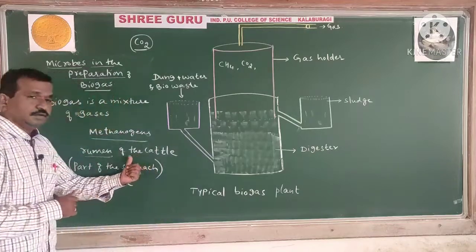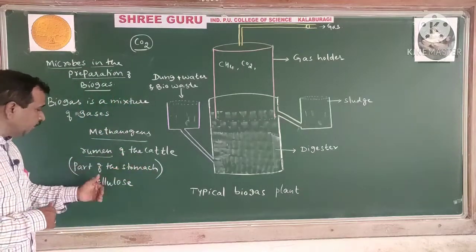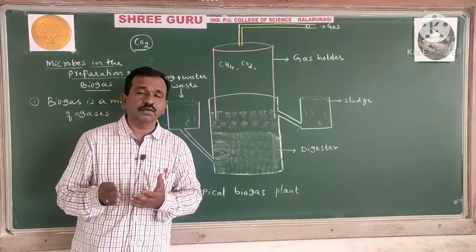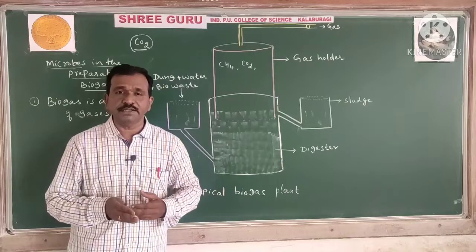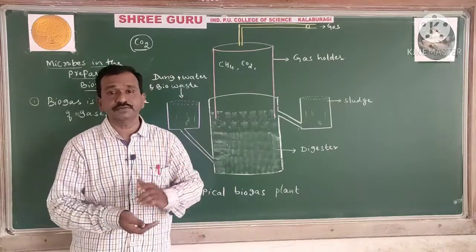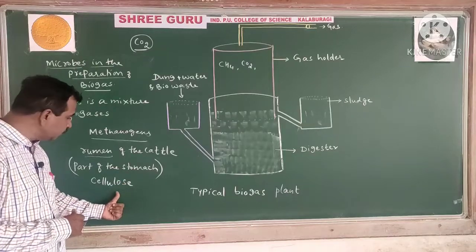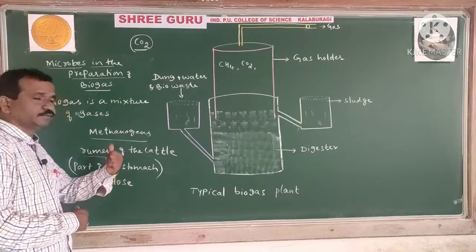And why are they present in the rumen of the cattle? Because of cellulose digestion. We are not collecting cellulose-rich food. That is why archaebacteria or methanogens are not present in our stomach. But in cattle, methanogens are present because their food contains more cellulose.